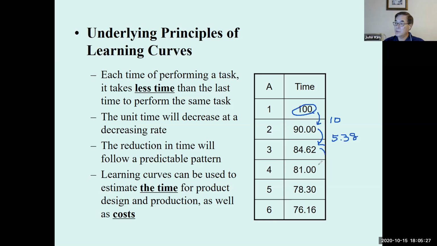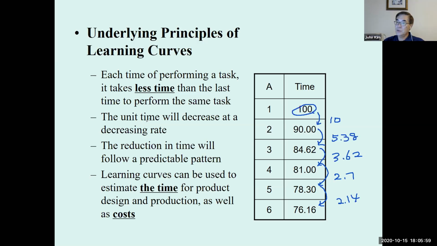Then 84 to 62 is 3.62. Then 81 to 78.3 is 2.7, if my calculation is right. Then from here to 4, 1.2.